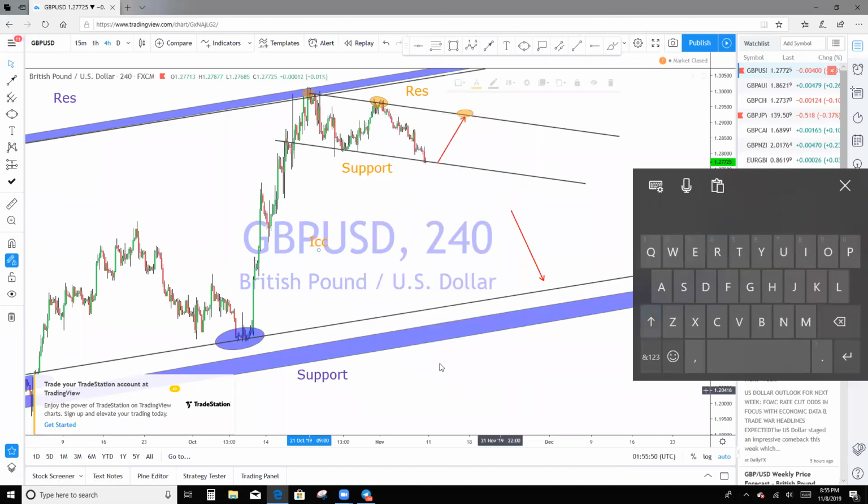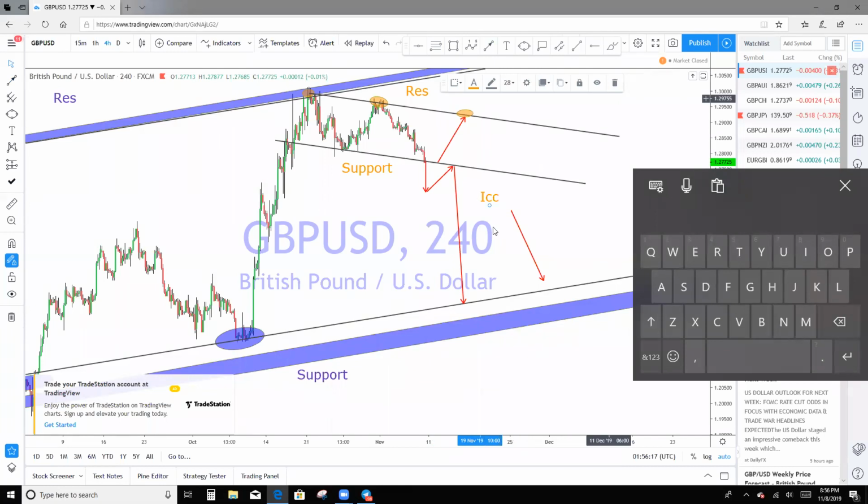Anybody know? Okay, impulse. Impulse is the I, right? So we got 1. Impulse. Correction. Continuation. There it is.